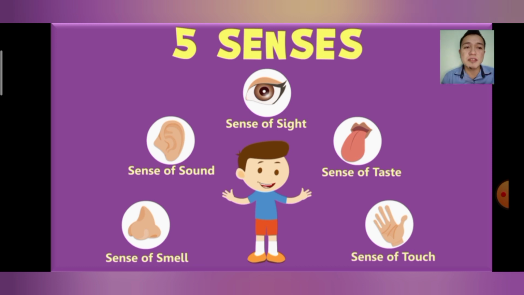You can observe using your tongue by tasting the food. And last but not least, you can observe using your hands to touch the things around you. So you have to remember that observing things around us always involves the five senses.